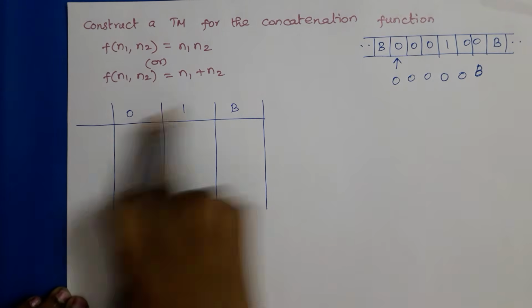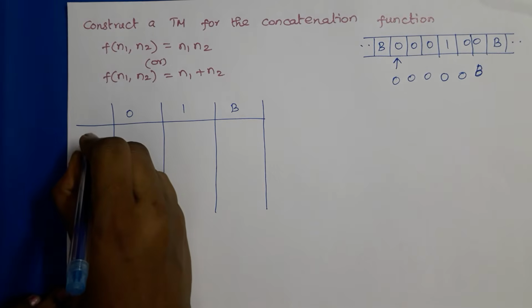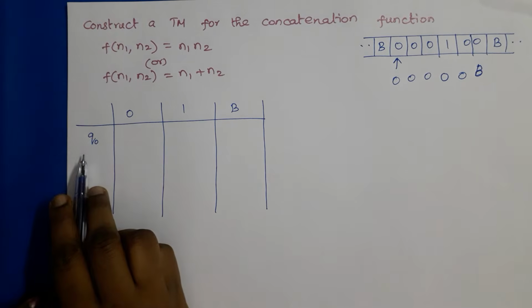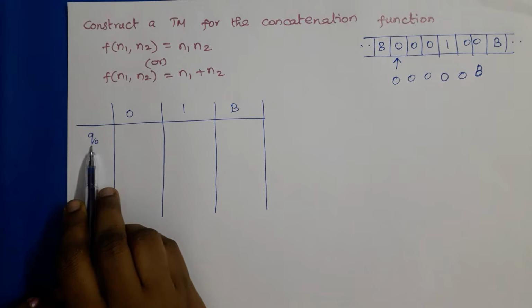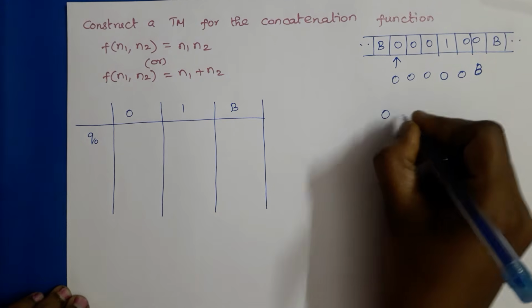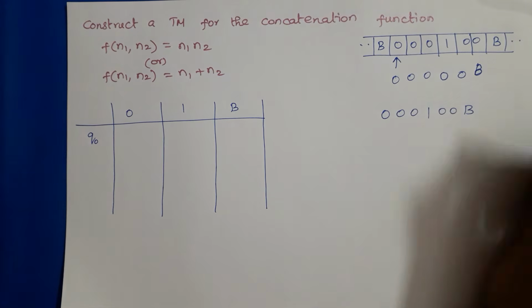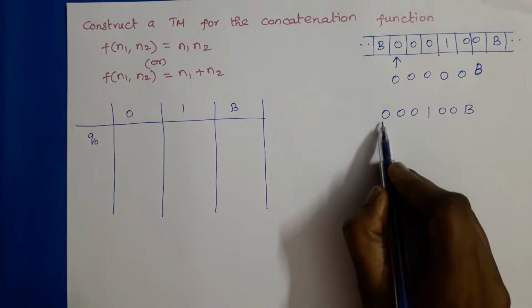The tape symbols are 0, 1, blank. Assume that the start state is Q0. I'll write the tape once again: 0, 0, 0, 1, 0, 0, blank. So we are in state Q0.